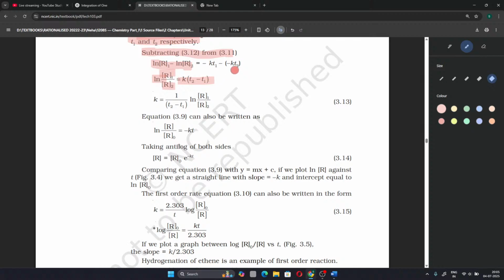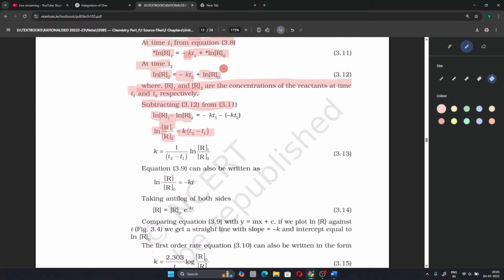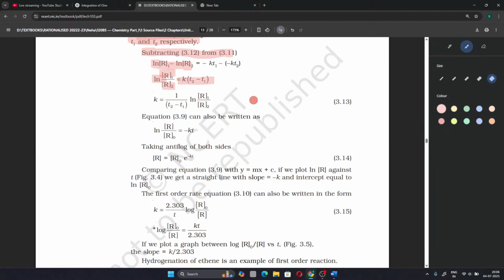The first integrated rate equation we got was for initial concentration and final concentration at time t. This is when we take times t1 and t2 and the concentrations r1 and r2, where ln of r1 by r2 equals k times t2 minus t1. In this case also, the rate constant is 1 by t2 minus t1 times ln of r1 by r2.